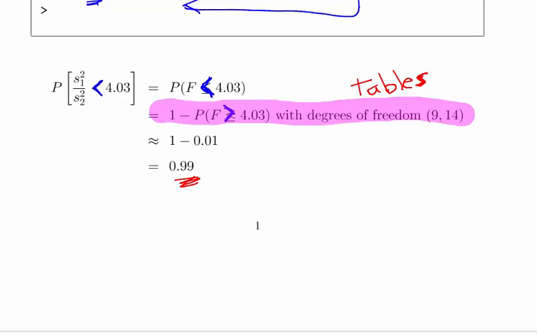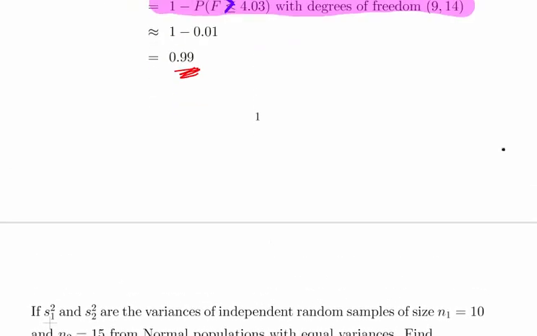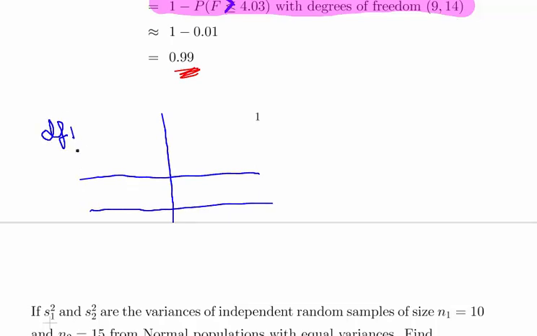If you were looking at tables, you just have to check which column you're on. It'll be df1 along the rows and df2 along the columns, so you go down to row 9 and along the columns. You just have to figure out what your number would be there.